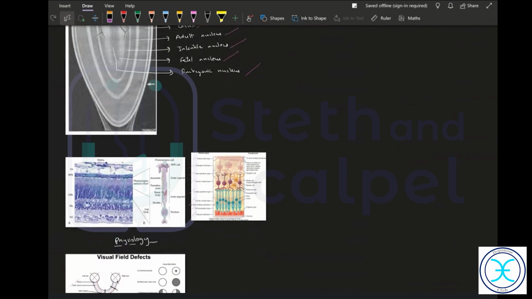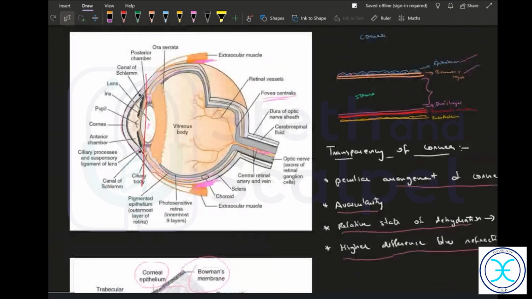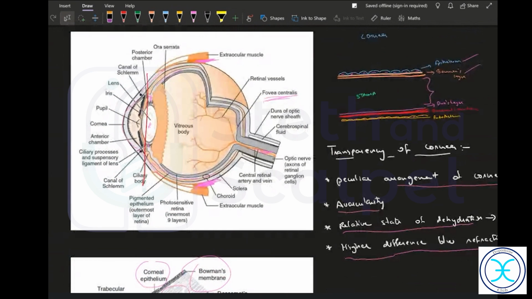There are different iris colors, and there might be heterochromia iridis. Then there might be some kind of iris prolapse, but all of those will be covered in cataract surgery. So I'm not going to touch on the iris a lot. We'll move on to the uvea, or uveal tract.